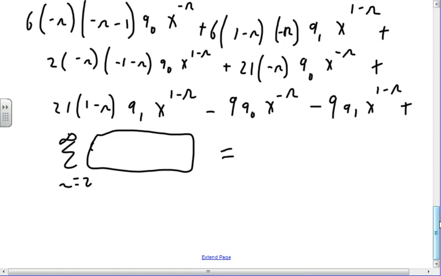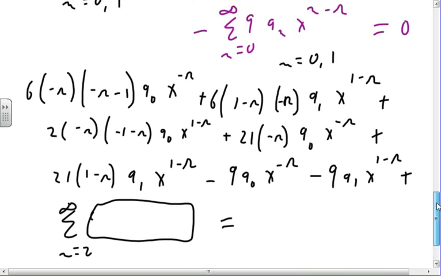Because it's not asking me for the recurrence formula or the solution, it's only asking me for what r is, the exponents of the series in question, which is a good thing.